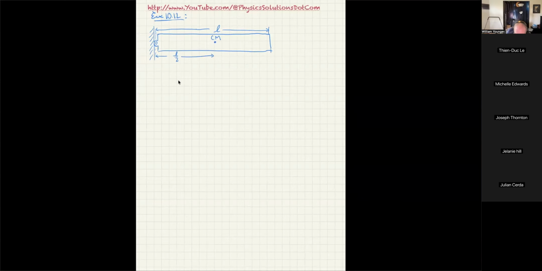What we're assuming here is that the mass of this rod is big M, and therefore its weight is mg. So this is the body. This is how it's going to work.